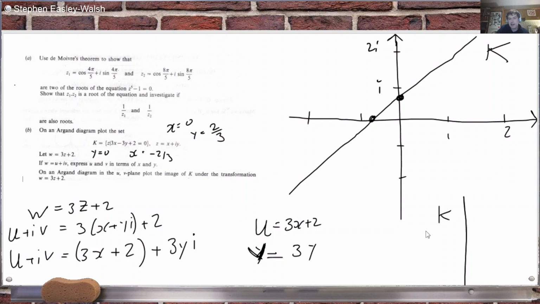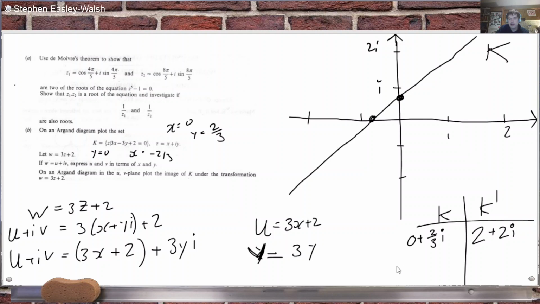So then if you look at K and the image of K, our first one we'll have is 0 plus 2/3 i. So the u becomes 3 times 0 plus 2 is 2, and the v is just tripled, so that's 2i.